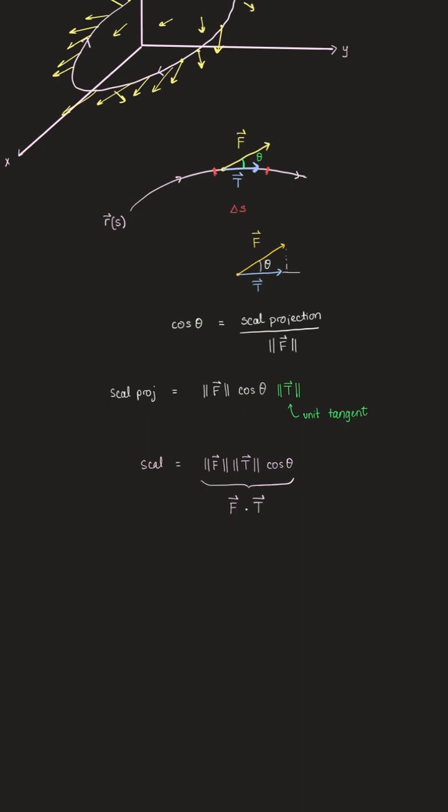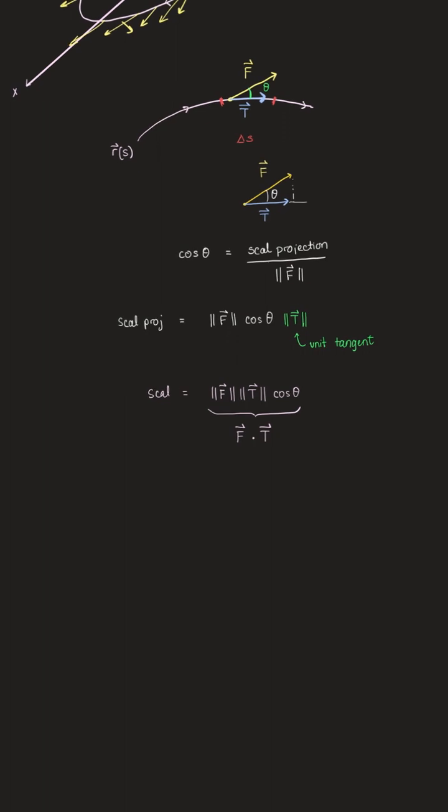So our little scalar component of the vector field onto my unit tangent in the direction of my curve for a little piece of delta S is F dot t. It's a dot product of these 2 vectors, and I'm going to multiply that component by the piece of the curve that I'm focused on, because ultimately I want to add all of these components throughout the length of the curve. And so that's what I'm using, a little delta S to represent the length of a very small segment of the curve.